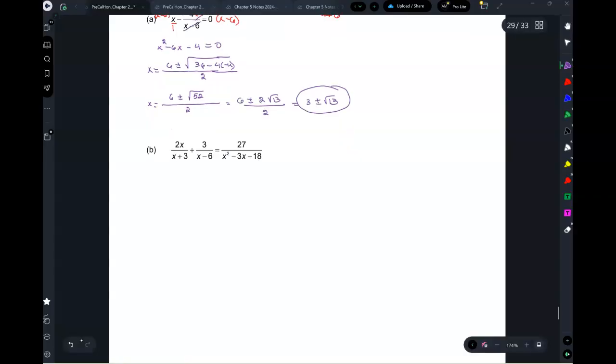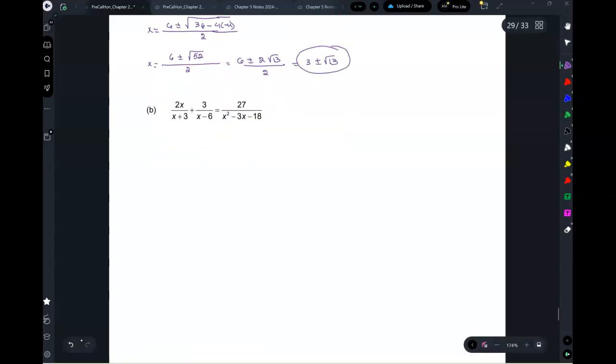This one here, we're going to factor this first. So we're going to get x minus 6, x plus 3. So x can't be 6 and x can't be negative 3. So let's multiply by the LCD, it's x minus 6, x plus 3.